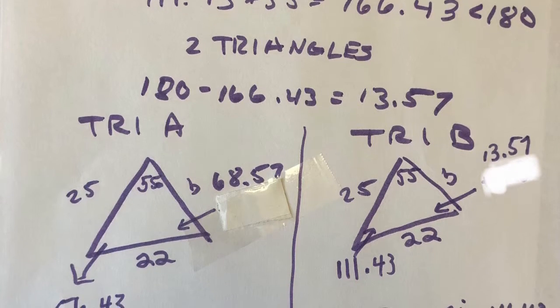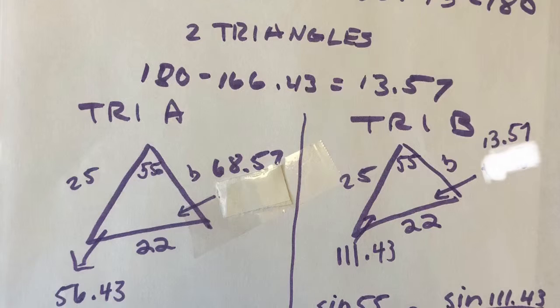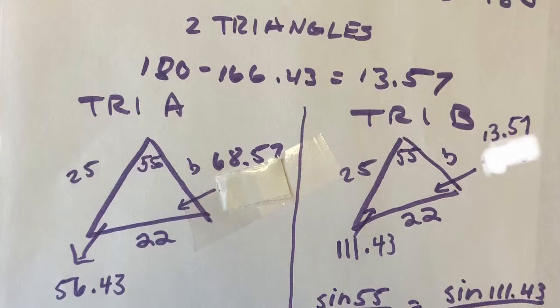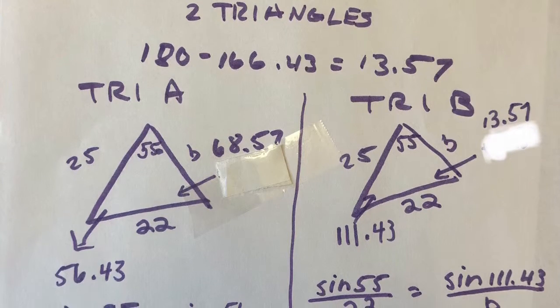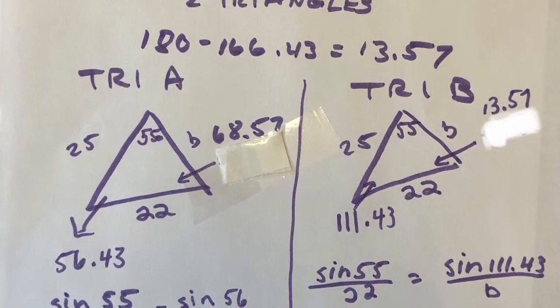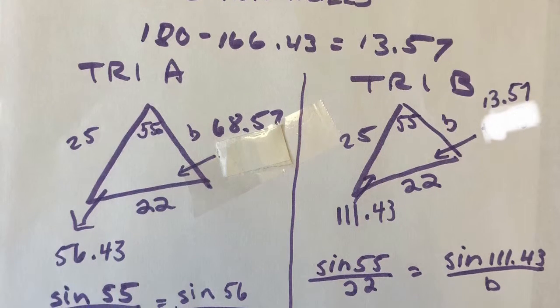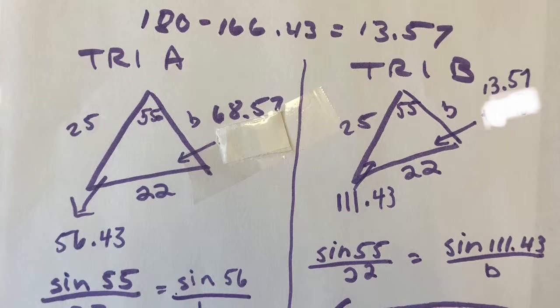Next, to confirm that there are two triangles, we did 111.43 plus 55, and that equals 166.43. 166.43 is less than 180, so that's how we know that there are two triangles.